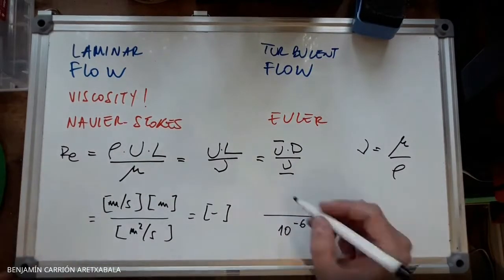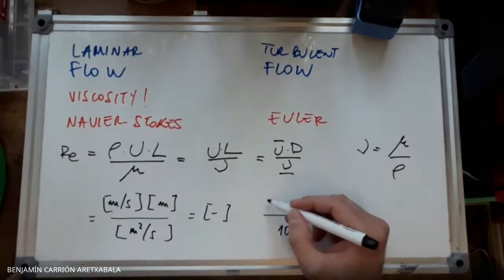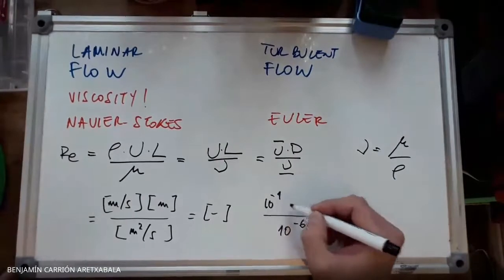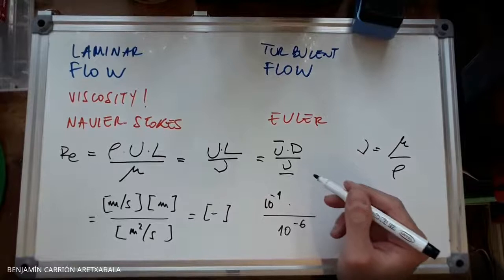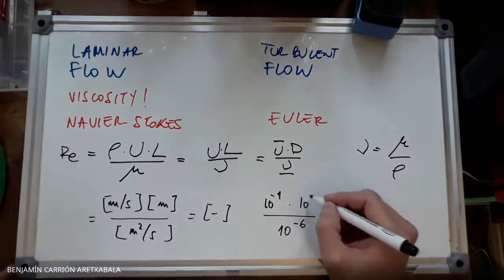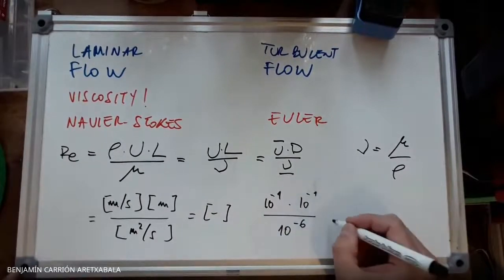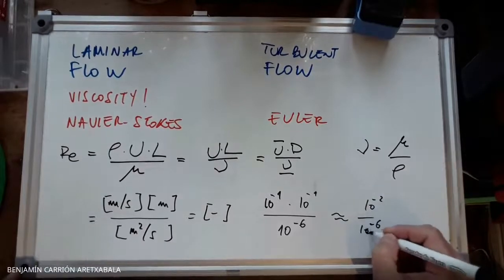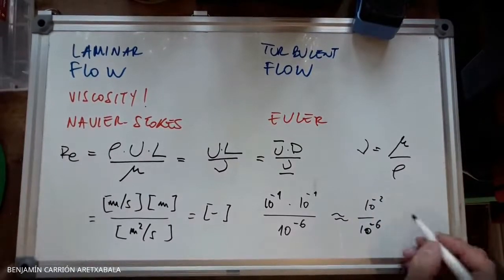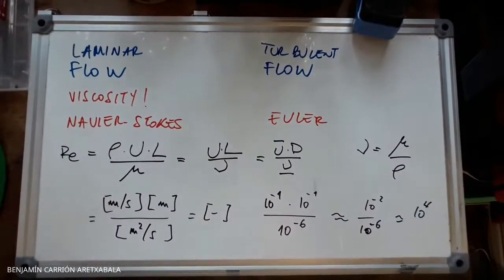That's too much? Maybe half a meter per second? So let's say 10 centimeters per second, so that's 10 to the minus 1. And the diameter maybe was less than 10 centimeters too, so 10 to the minus 1 again. So this whole thing is something like 10 to the minus 2 divided by 10 to the minus 6. This is a large number, around 10 to the 4.